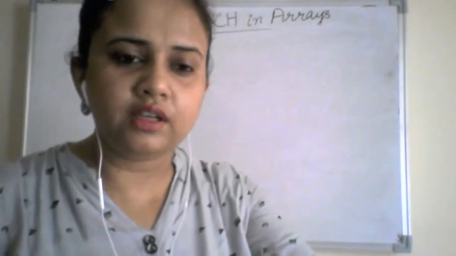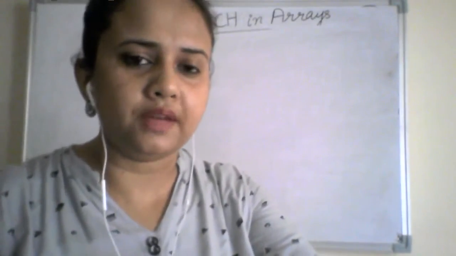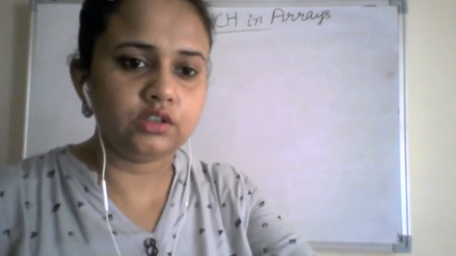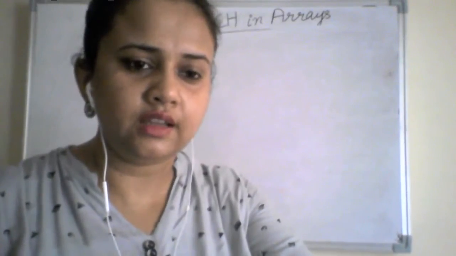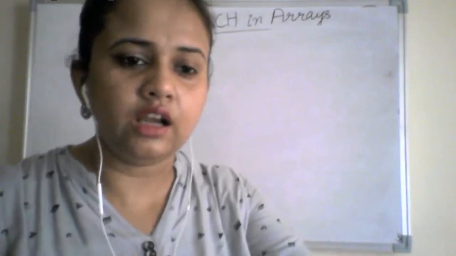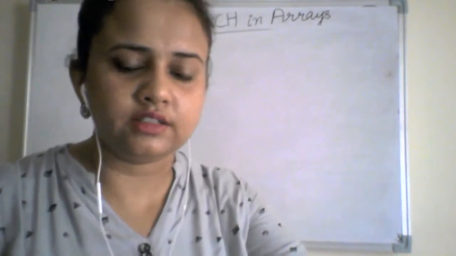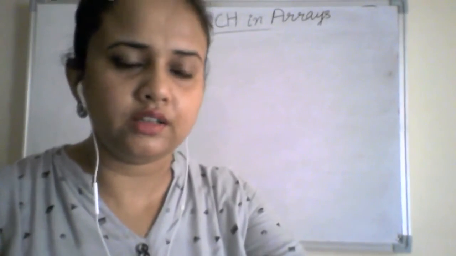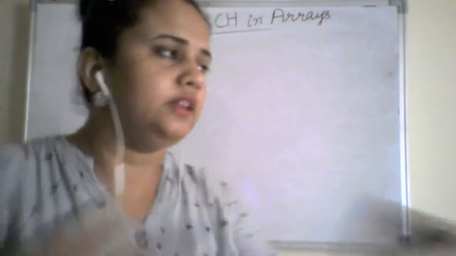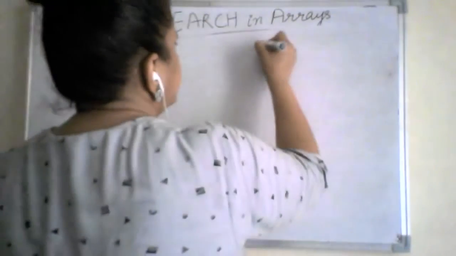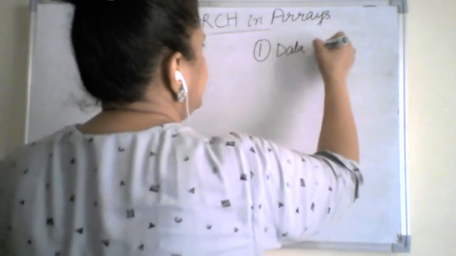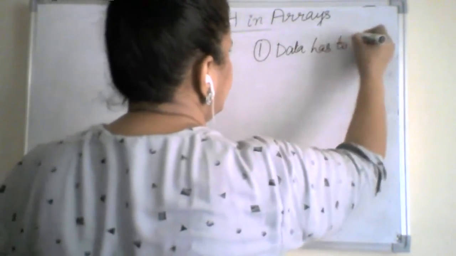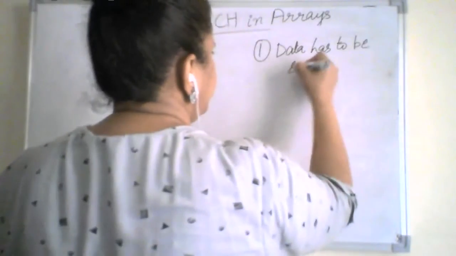So every time you are trying to apply binary search, the very first thing you need to check is that your data is in a sorted manner. That is the first and foremost important thing about binary search. So the first thing is, this is a condition: the data has to be sorted.